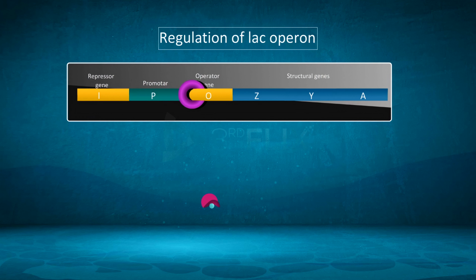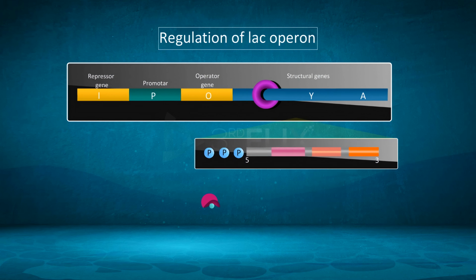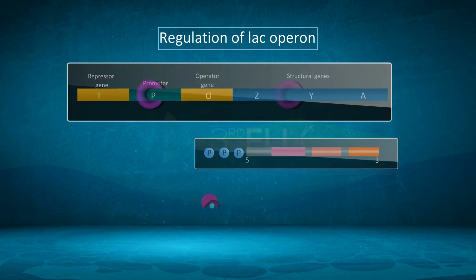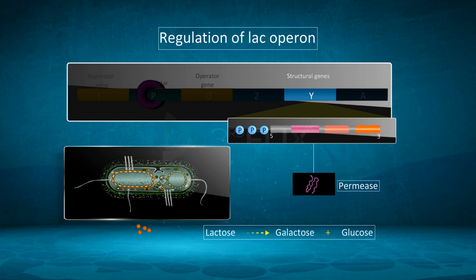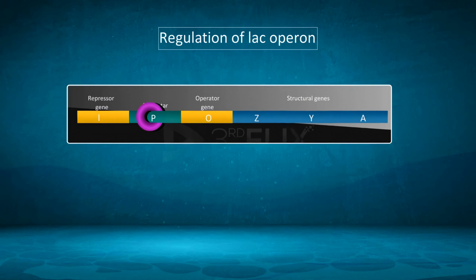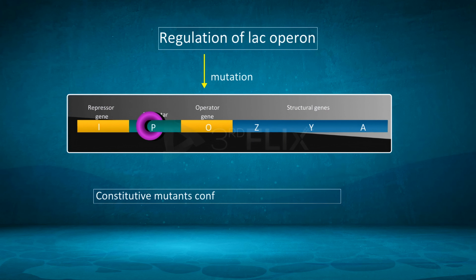RNA polymerase initiates the transcription of structural genes to synthesize polycistronic mRNA. Permease synthesized from the mRNA helps in rapid uptake of lactose. Beta-galactosidase molecules in the cytoplasm metabolize lactose into galactose and glucose.